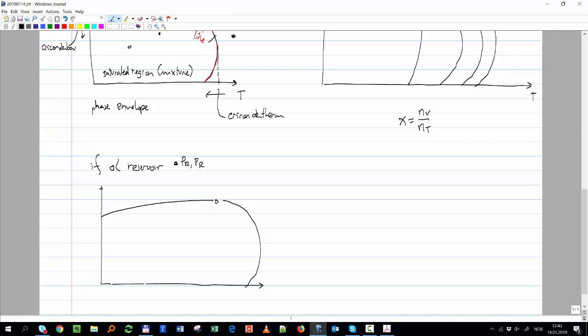When I flow towards the well, I reduce pressure, not temperature. I go to the bottom of the well, and then I flow all the way up to the wellhead. Then I lose some temperature, maybe I go into the two-phase region.